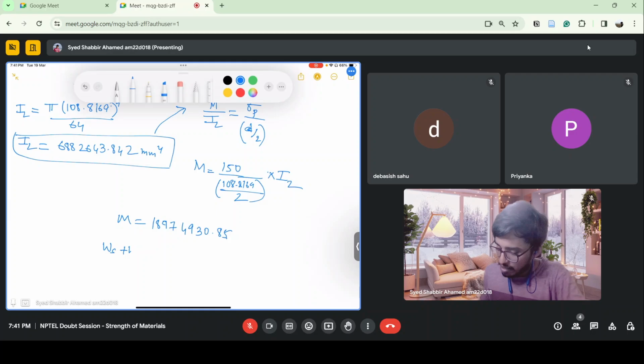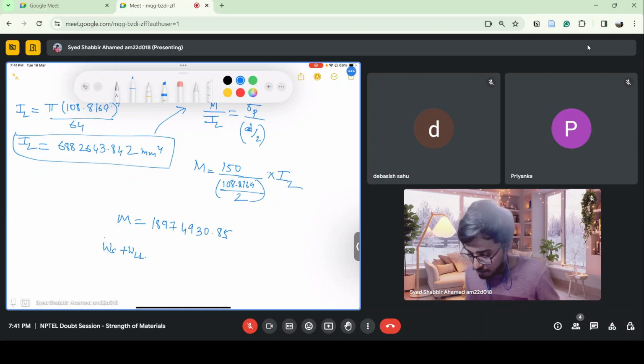Again, bending moment for a simply supported beam subjected to uniform load is maximum at the center, middle of the beam. L square again 2500, length is same.